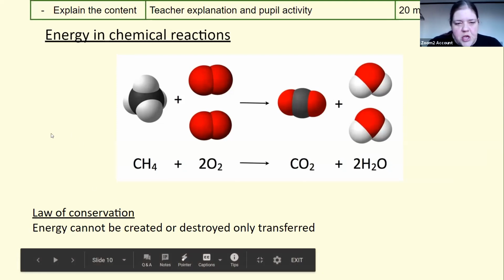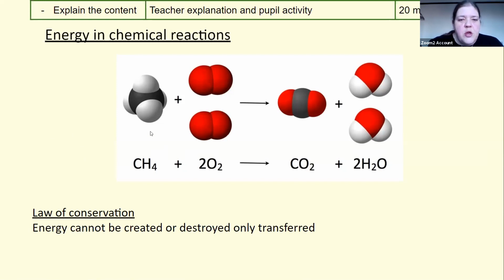So energy will be needed to break the bonds, and I hope you can see my little mouse, in this little molecule of methane, CH4 is methane, and in these molecules of oxygen. So we need energy to come in to break those bonds, and then when they come together, energy is released through the making of bonds.